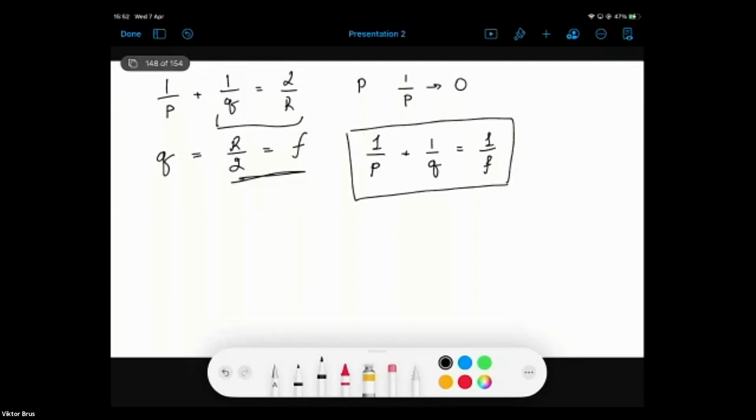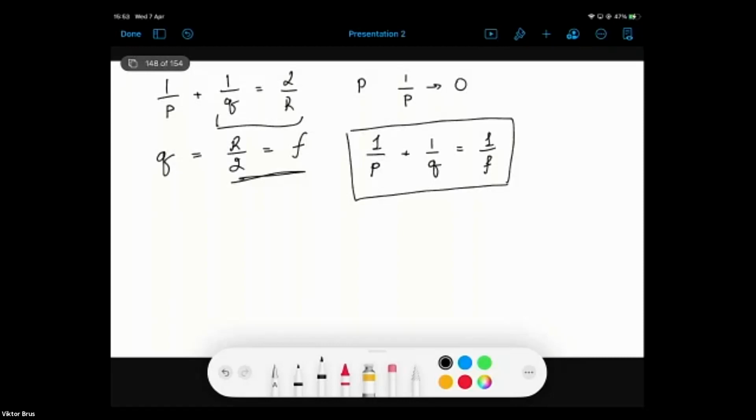But with the third ray, we can always double check if it also intersects at the same point as the first 2. And in that case, we are 100% sure that our image is formed correctly. Okay, this is pretty much everything I wanted to tell you during this lecture.